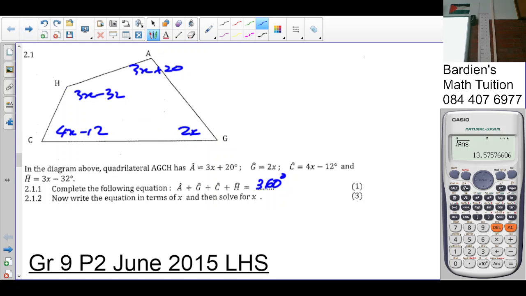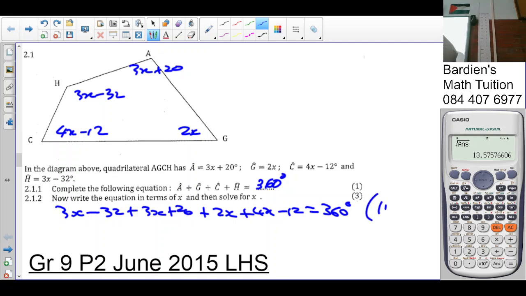Okay. Now write an equation in terms of x and solve for x. So what can we say? 3x minus 32 plus 3x plus 20 plus 2x plus 4x minus 12 is equal to 360. What's the reason? Interior angles of a quad add up to 360.